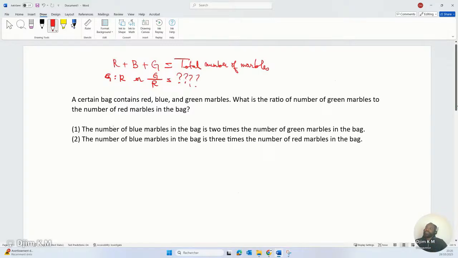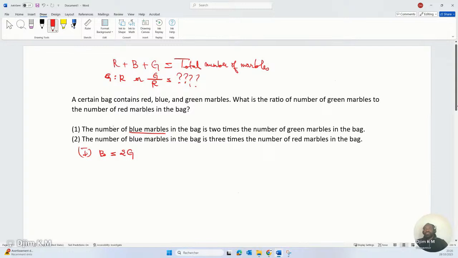So the first condition: the number of blue marbles in the bag is two times the number of green marbles in the bag. So B is equal to two times G. Will this be sufficient to give us this value?